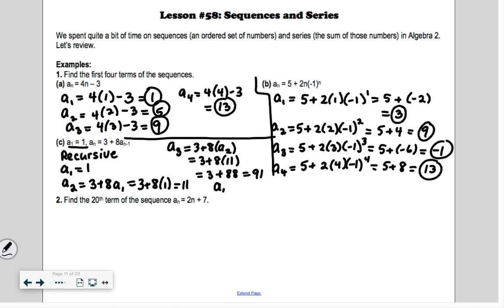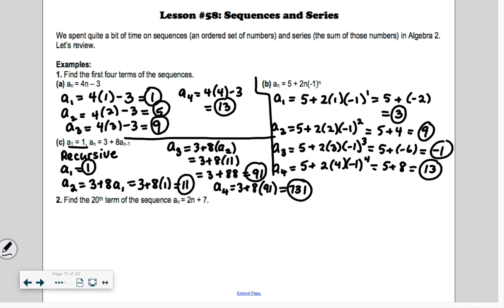And then a subscript 4 is going to be 3 plus 8 times a3. Well, a3 was 91. So we have 91 times 8, and then we add 3 to it, so we get 731. Okay, so our 4 terms there were 1, 11, 91, and 731. Make sense?